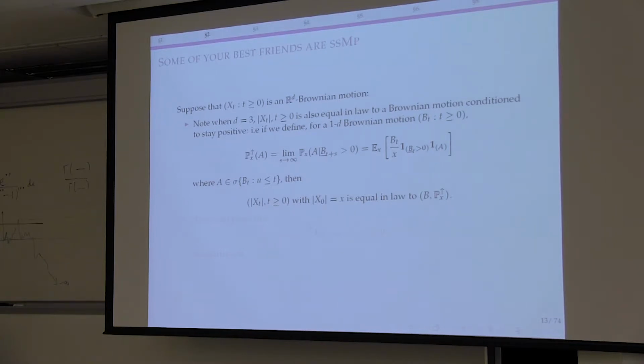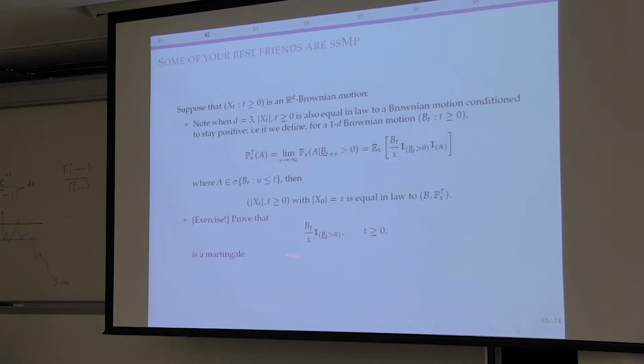So this is hinting that the modulus of a Brownian motion, being also a conditioned 1D Brownian motion, should also be self-similar, at least for some special cases.